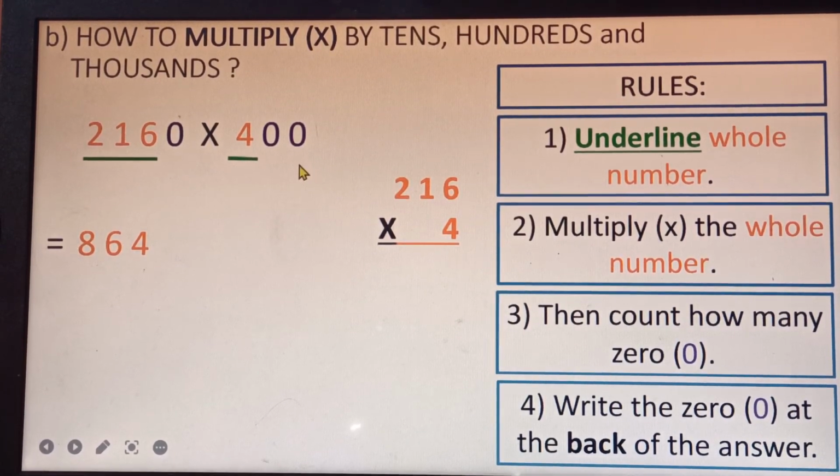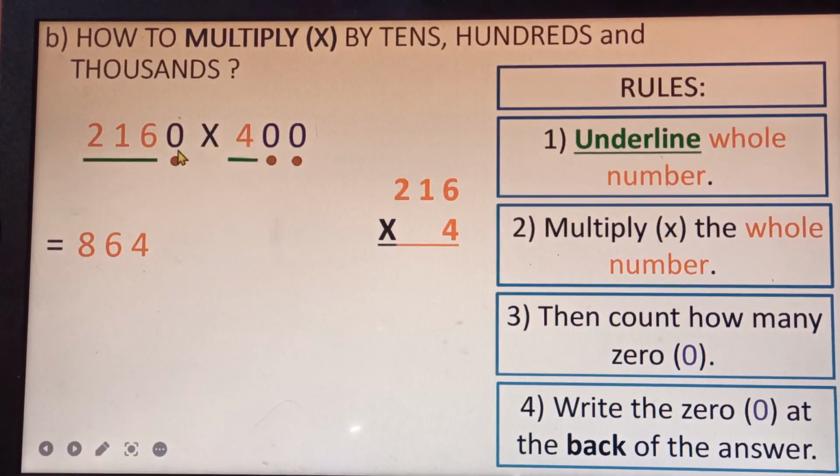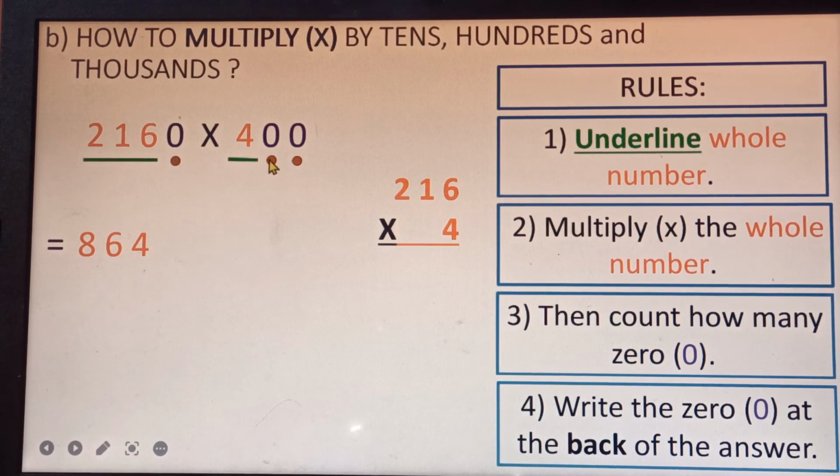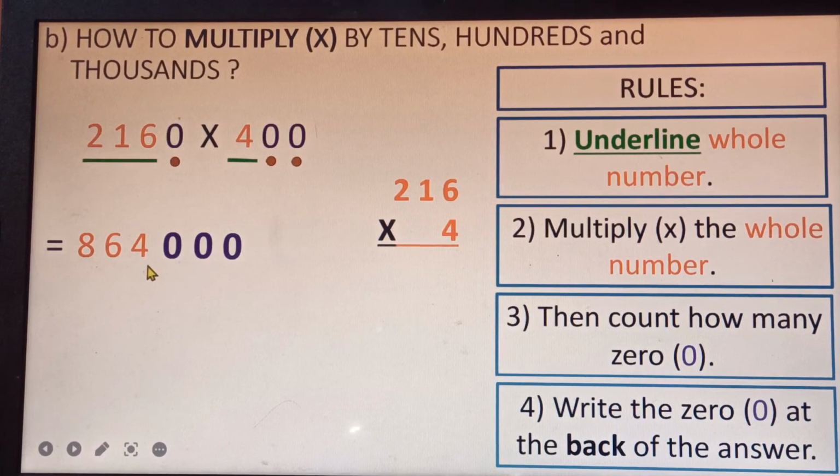Next, let's count how many zeros. There are 3 zeros. Here there is 1 at the back, and for 400 there are 2 zeros. So altogether there are 3 zeros to be put at the back of the answer. 1, 2, 3 zeros. So you got 864,000.